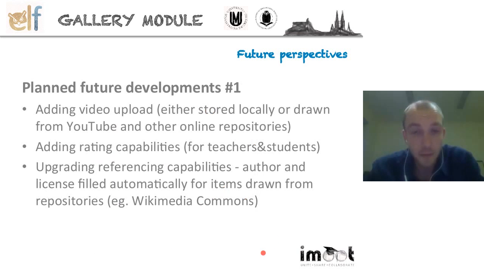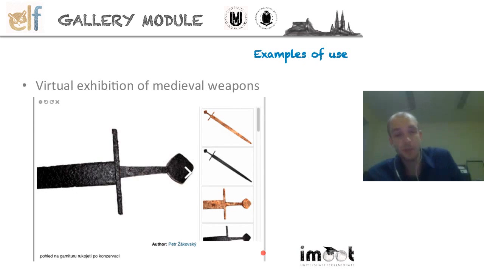So before skipping to the future perspectives, I'd like to do a short live demo of the gallery. I hope the desktop sharing will work. We'll see. So let me fire it up. I'll skip directly.